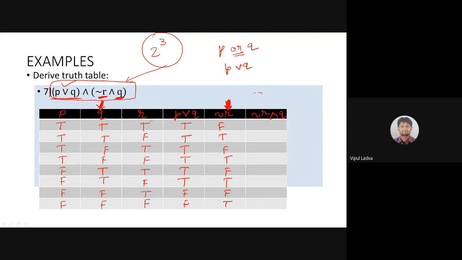So focus on both of these and find the truth value of negation of R and Q. Conjunction means and, disjunction means or. So we are clear that we get the truth value true only if both of them have the value true.